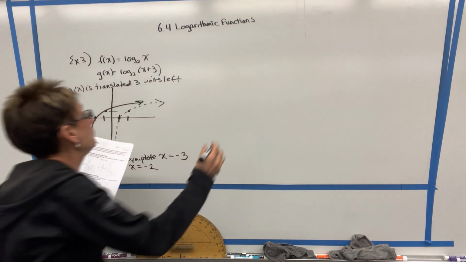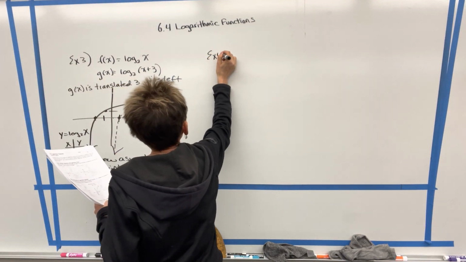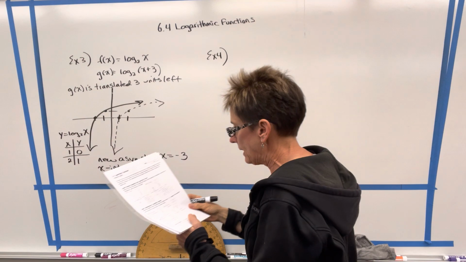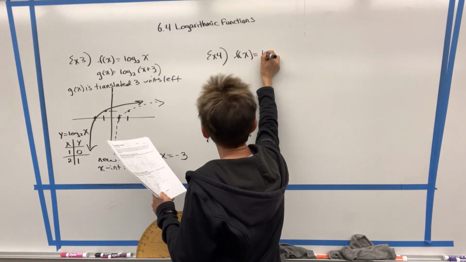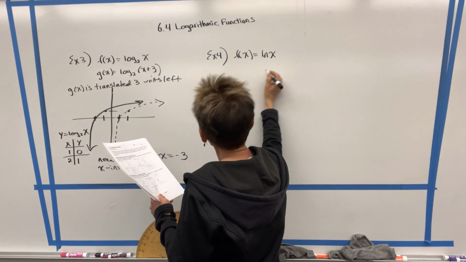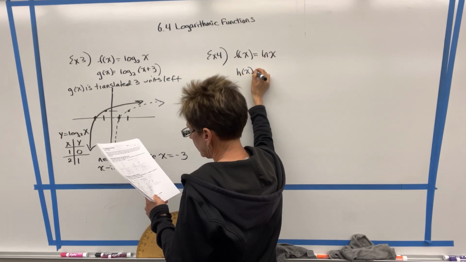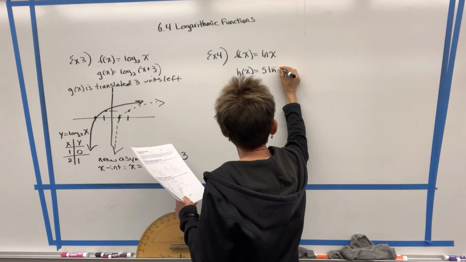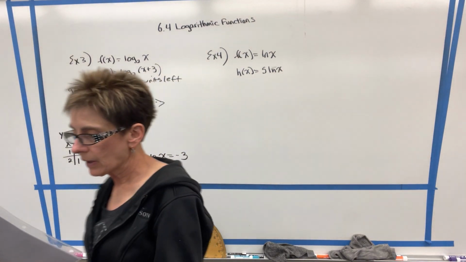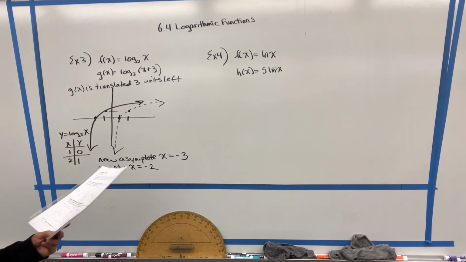Okay, let's do example number 4. In example number 4, f of x is equal to ln x, and h of x is 5 times ln x. Let's take a look at this one right here.